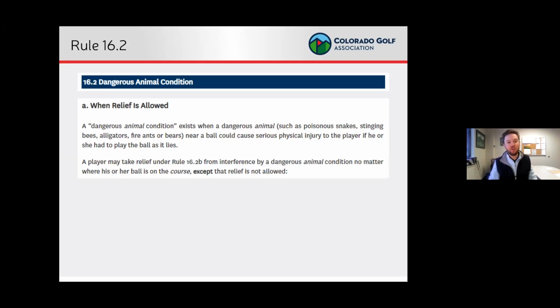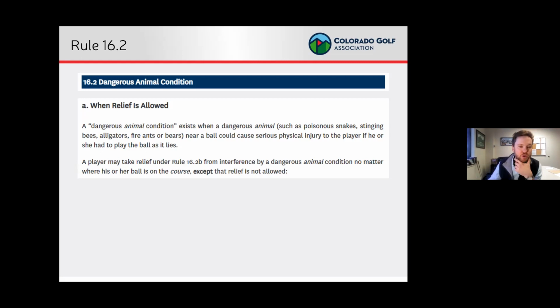If the ball's out of bounds, you're not allowed to play that ball anyways, so don't worry about that. If it's on any other area of the course, you're allowed relief here if there's a dangerous animal condition. Now, if it's obtrusive, if there's a snake around or on the hole, we don't cover that. We'd have to get someone to move it, or wait till it goes away. But this is when you can extract yourself from the situation.